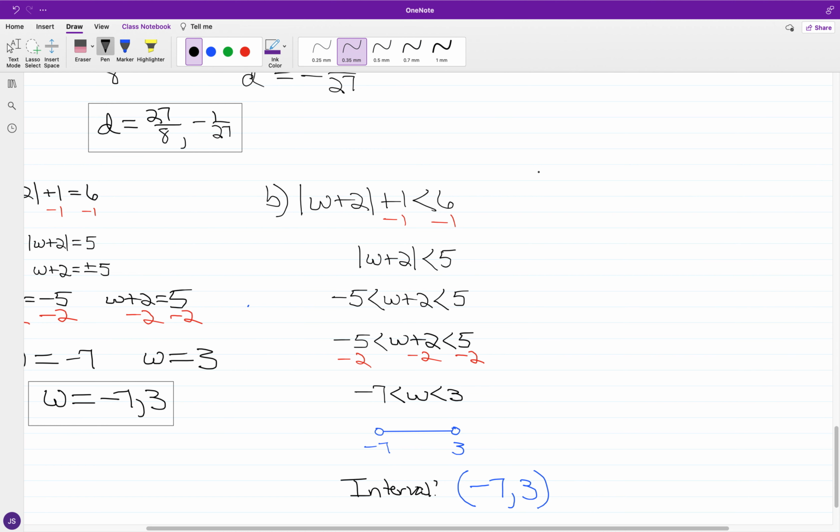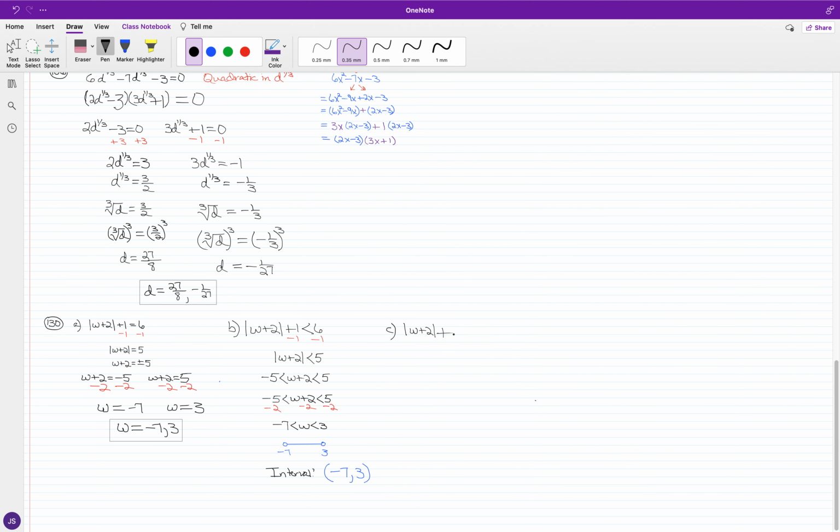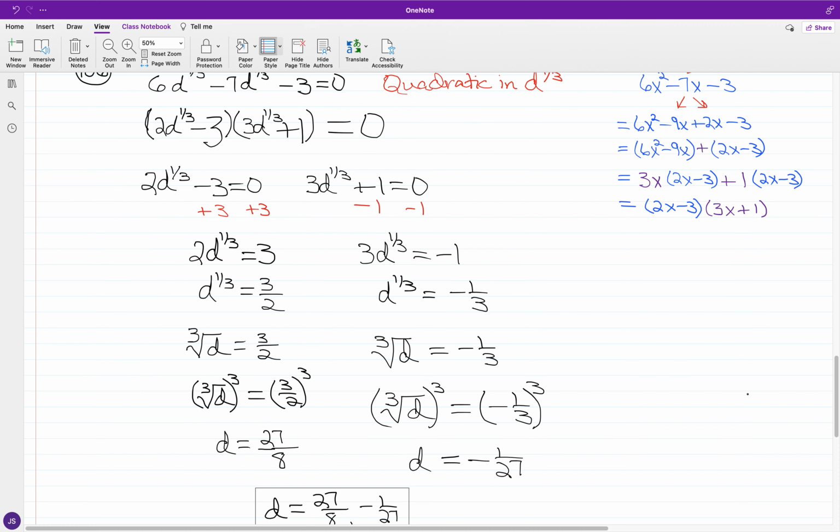And then we have the other inequality scenario in part C. We have the absolute value of W plus 2, followed by the addition of 1, is greater than or equal to 6.